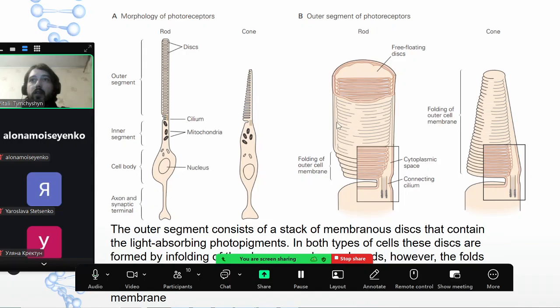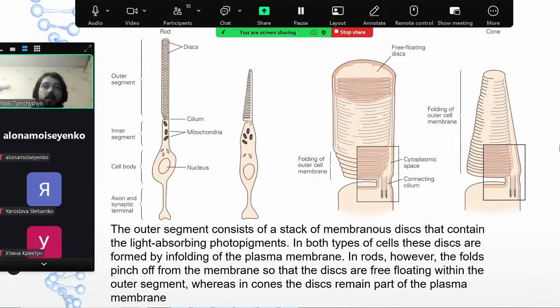Here you see in the cytoplasmic space there are some free-floating discs. These are in rods. And here you see some folding of the outer membrane. These are in cones. So the outer segment consists of a stack of membranous discs that contain the light-absorbing photopigments.